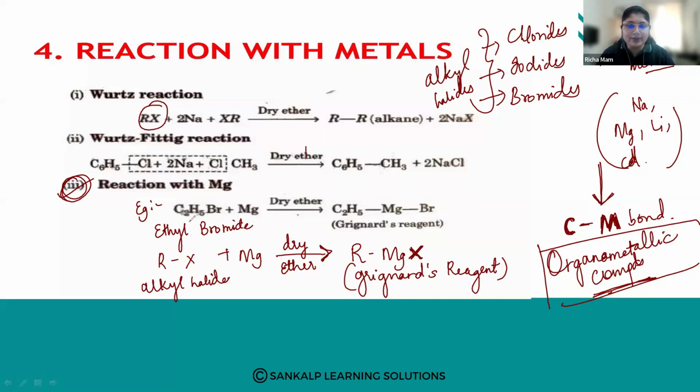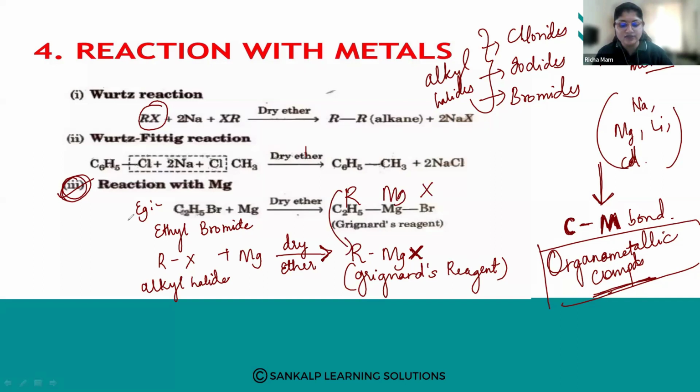One example is given above: ethyl bromide plus Mg in the presence of dry ether gives you ethyl magnesium bromide, C2H5MgBr. Here this is your R, this is your Mg and this is your X. This is your Grignard reagent.